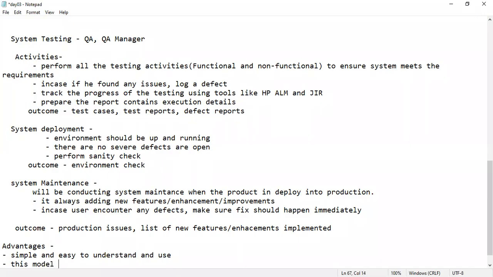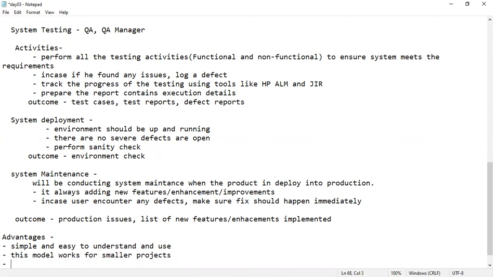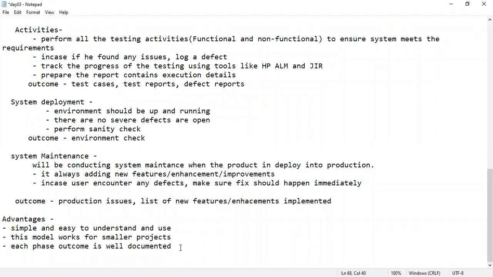This model works for smaller projects, and the main advantage is each phase outcome is well documented. So we will be looking at the outcome from each phase, right?